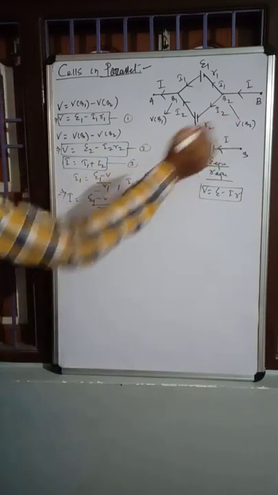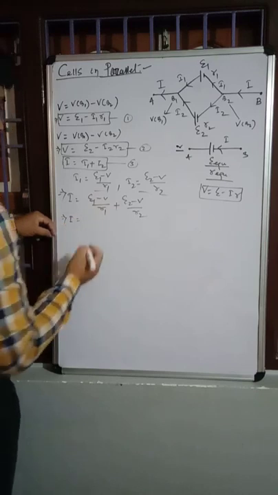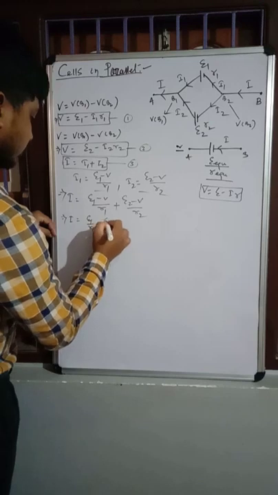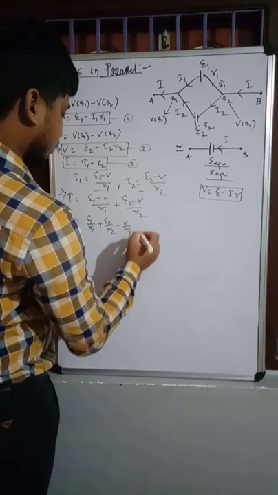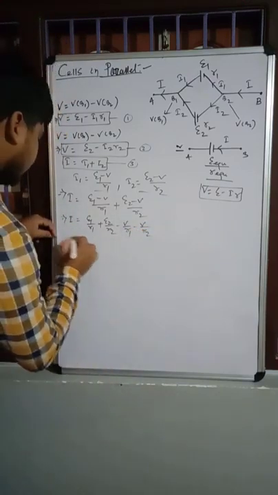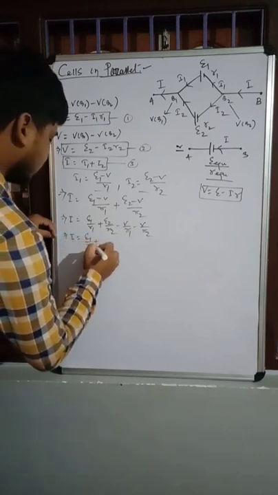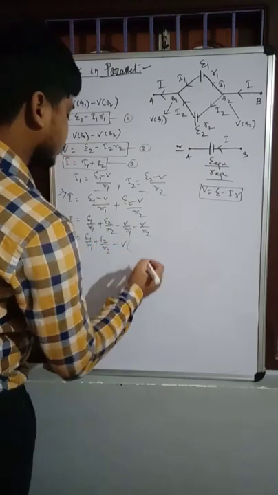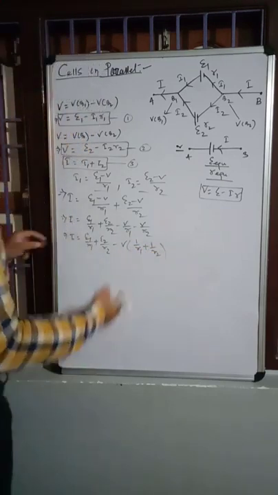Is it clear? This can be written as E1 by R1 plus E2 by R2 minus V by R1 minus V by R2. Or again, I equals E1 by R1 plus E2 by R2 minus V whole into 1 by R1 plus 1 by R2.